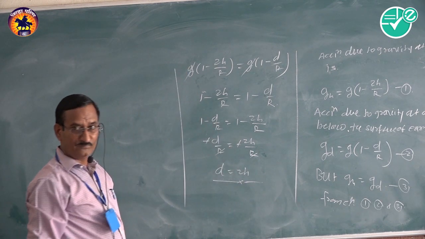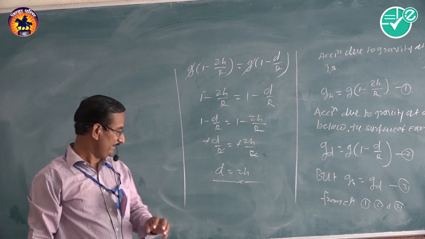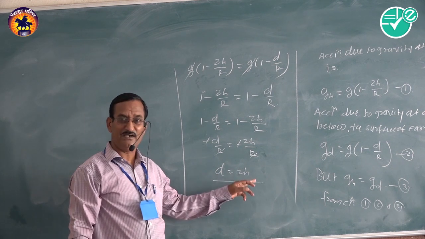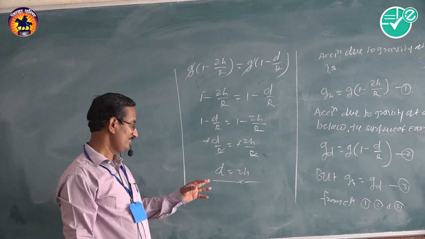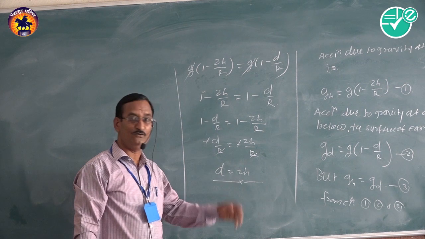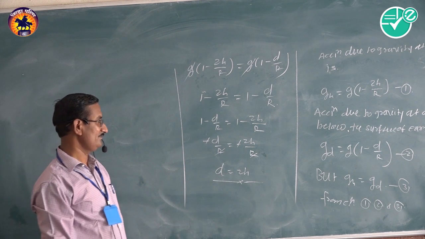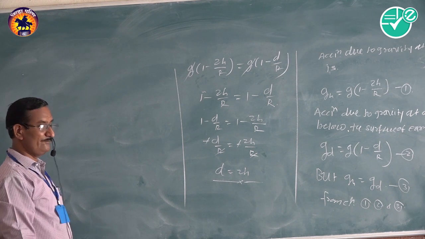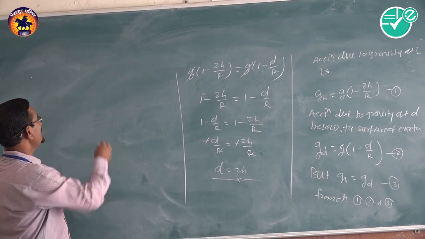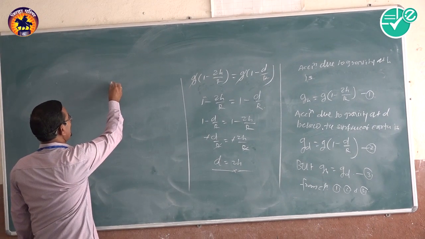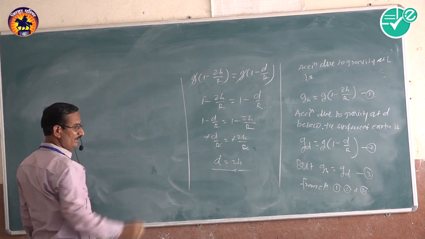That is the relation between the depth and the height of the satellites, that is small d is equal to twice h.